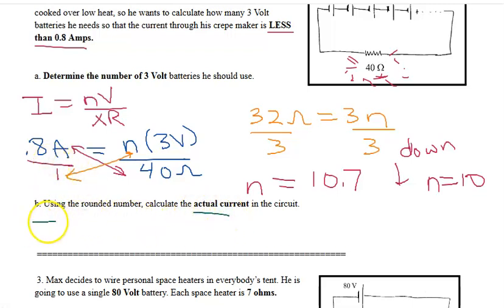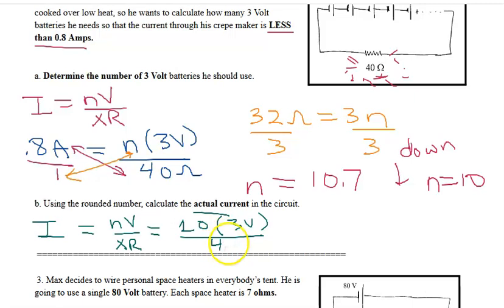It's not going to be 0.8 because we had to round. The current is NV over R. I have 10 of these 3-volt batteries and a single 40 ohm crepe maker. So 30 volts over 40 ohms is 0.75.